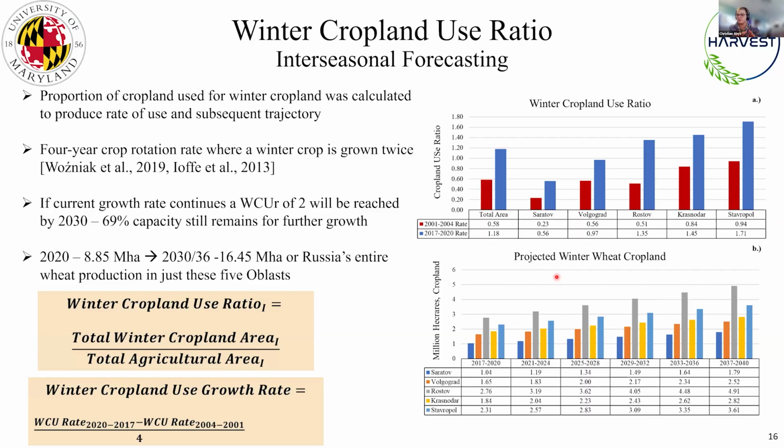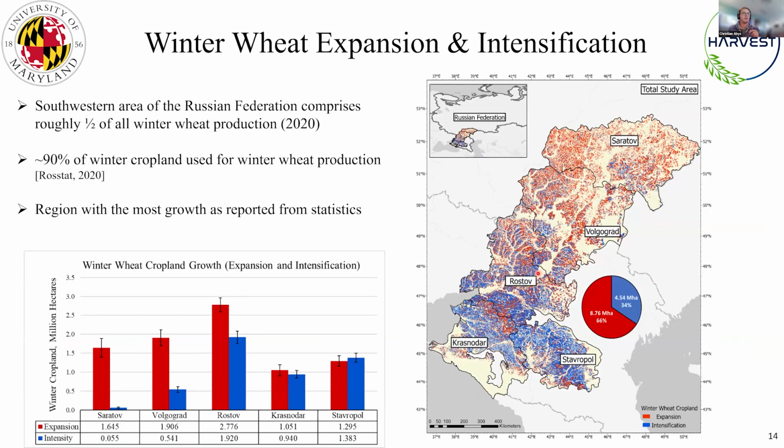So if they haven't even reached 2 yet, then what we can make is an educated forecast: if this cycle continues, and we see no reason why it would have stopped, then this entire region, which is not the entirety of Russia but is still a significant portion, can almost double from its 2020 numbers, double its capacity for growing winter wheat, and match the rest of the country's wheat production.